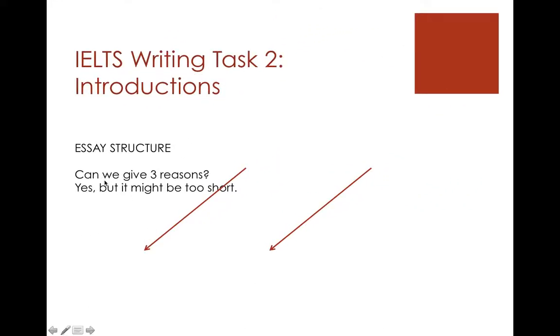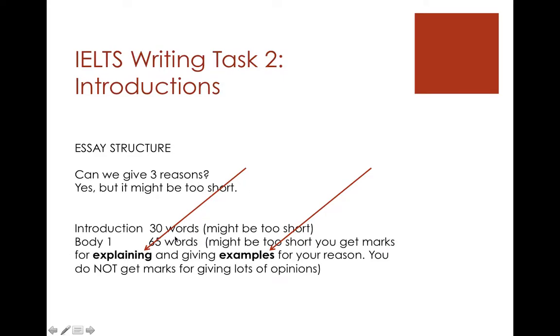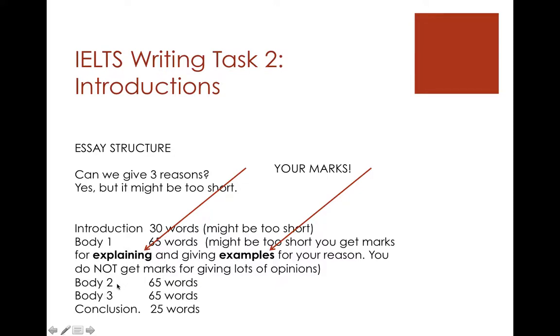Now, students ask in the essay structure, can we give 3 reasons? Yes, you can, but it might be too short. And this is a really important point for your marks. If we do the introduction and body 1, and we have body 2 and 3, that means we have 65 words for each body, because we have 3 now.